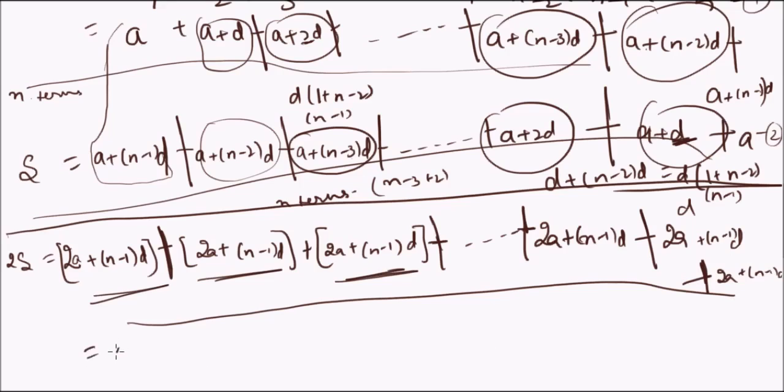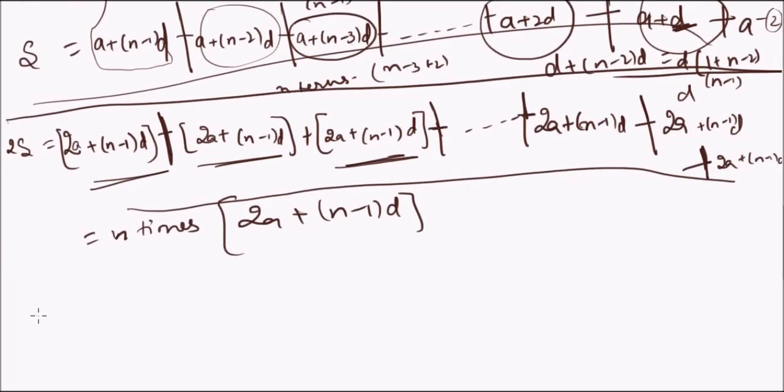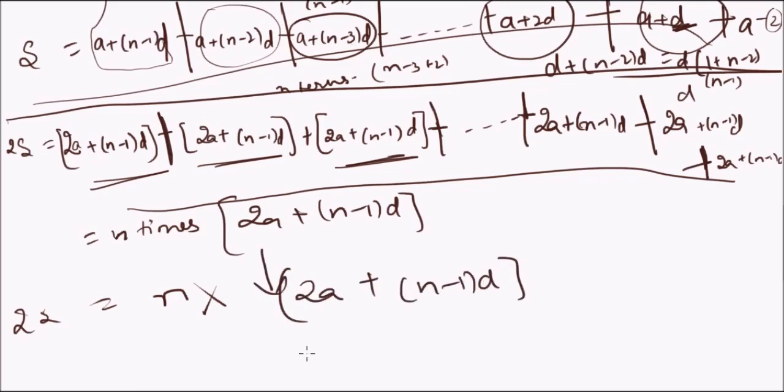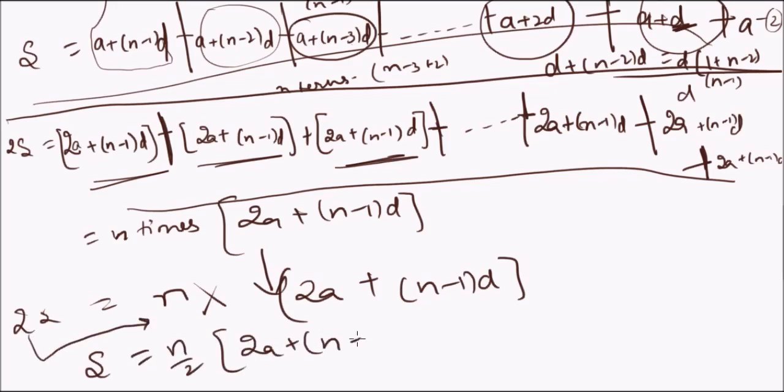Thus we can say it is nothing but N times 2A plus N minus 1 into D, that is 2S is N into this term, 2A plus N minus 1D. Or we can say S is, bringing this 2 to the right hand side, it will shift to the denominator, and we will get N by 2 into 2A plus N minus 1 into D.